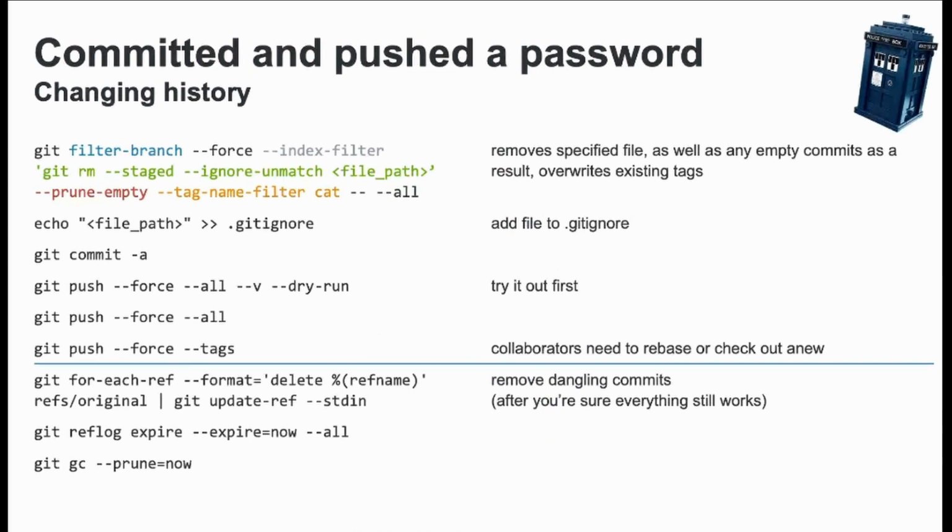I will not go through all of this because this is really tedious and very error prone. The suggestion is to do a dry run first, and then there are dangling commits, so commits that do not belong to any branch. So this is one version.